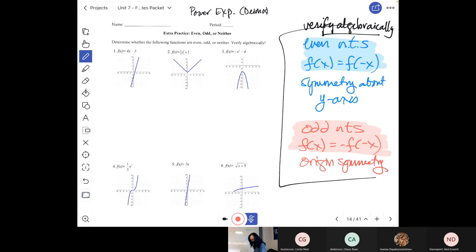Cece, did you ever find the notes on Canvas? No. Did you go to Unit 7 module? Okay, then there's your blank notes packet in Unit 7 module. I can't find the Unit 7 module.